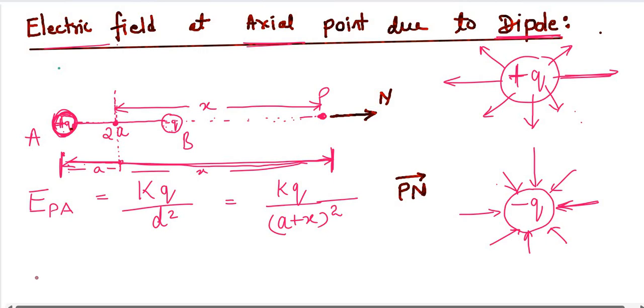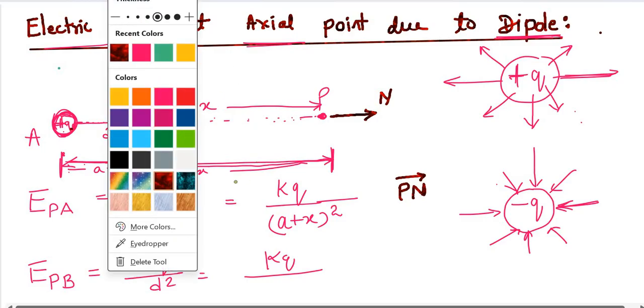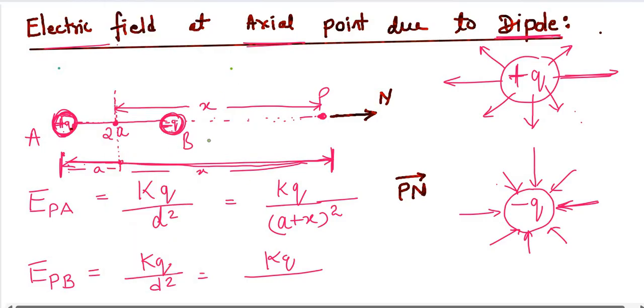Now I will find the electric field at point P due to B, which is the negative charge. See carefully. What will be the field? kq by d squared, where d is the distance we are supposed to take. What is the distance from B to P?